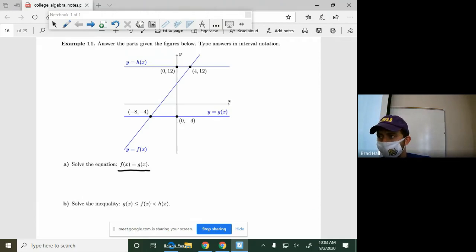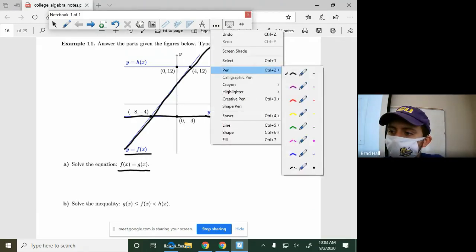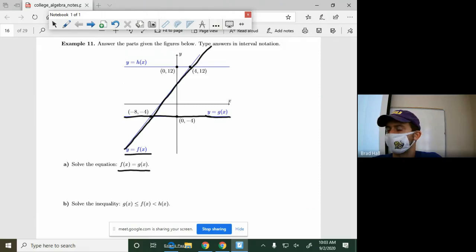Now the f function is this diagonal line. The g function seems to be this lower horizontal line. When they are equal, what that corresponds to is when the lines intersect. They seem to intersect right there. And I also conveniently included the point at which they intersect.